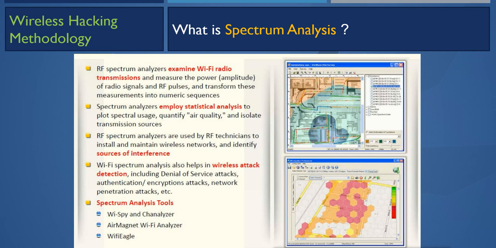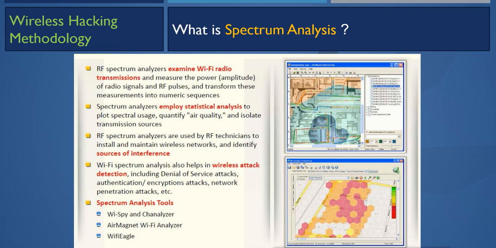Spectrum analysis employs statistical analysis to plot spectral usage, quantify air quality and isolate transmission sources. These RF spectrum analyzers are used by RF technicians to install and maintain wireless networks and identify sources of interference.